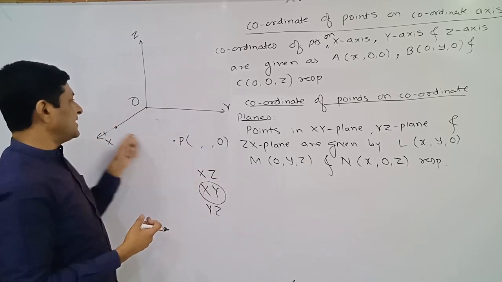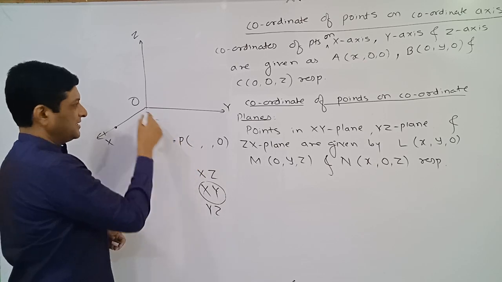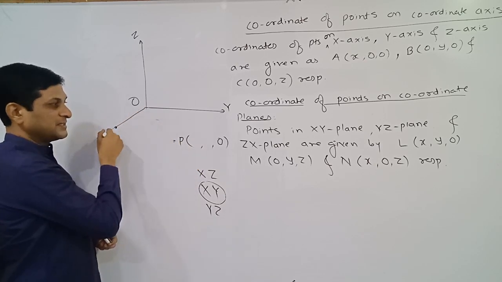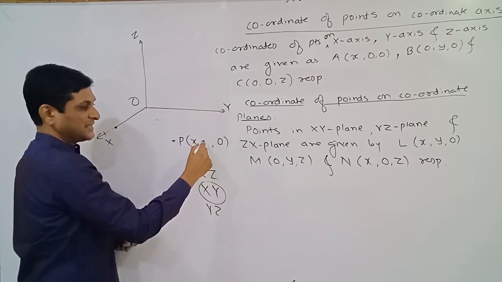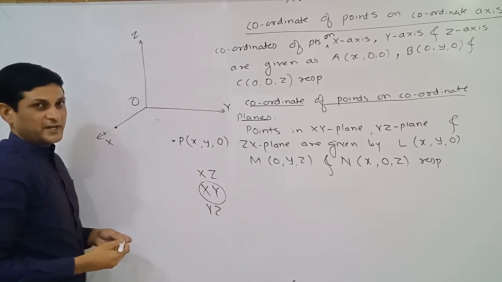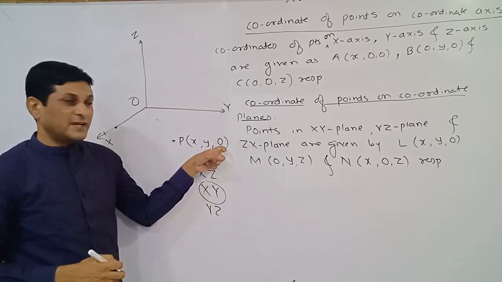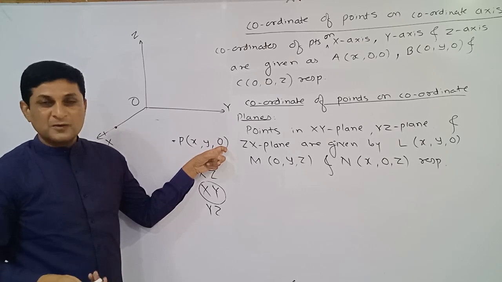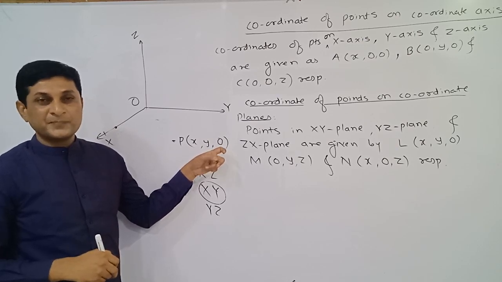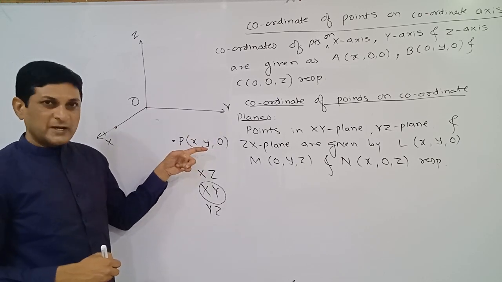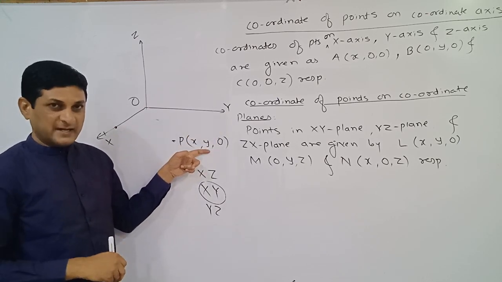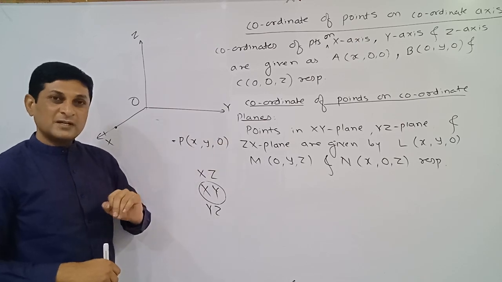Now for the x coordinate and y coordinate, definitely whatever number is on the x-axis will be your x coordinate, and whatever number is on the y-axis will be your y coordinate. But the z coordinate is 0 according to the definition. What is the definition of the z coordinate? It is the distance of the point from the xy plane, but the point already lies in the xy plane. That's why the z coordinate will be 0.